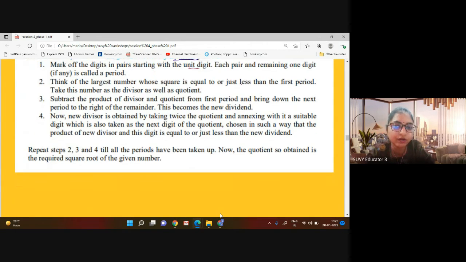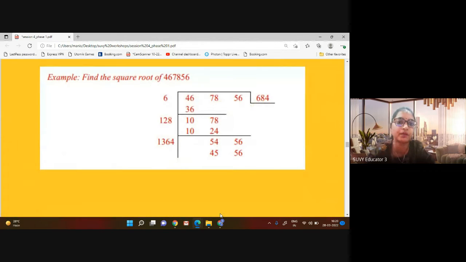So just have a look, we have an example. It's very difficult to do prime factorization for this number, right? So what we'll do is start from the back end and make pairs. These are called periods, right?